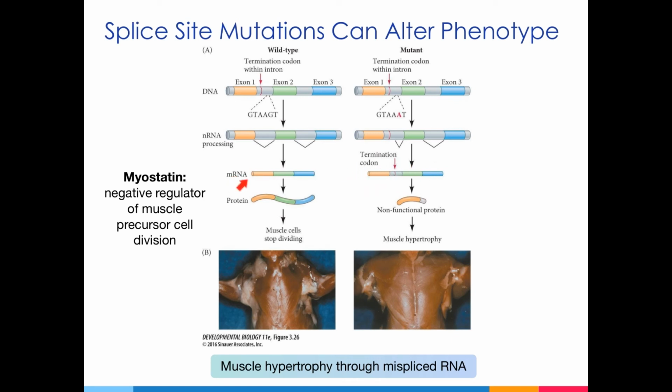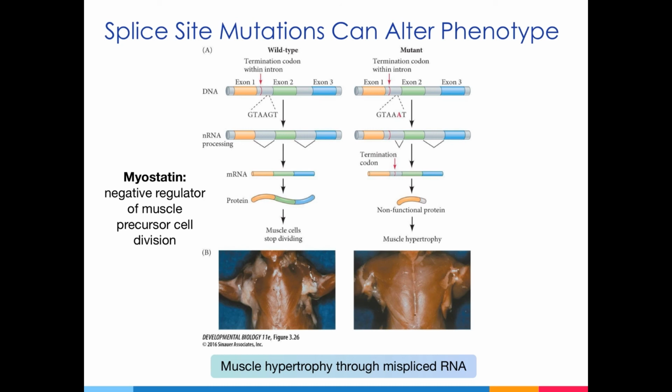So if you compare the wild type with the mutant, there is this gray portion that represents the intron in the mutant. Within this intron, there's actually a termination codon. So when the ribosome reaches this point, it will dissociate from the mRNA. Because of the presence of that termination codon, a non-functional protein is synthesized.